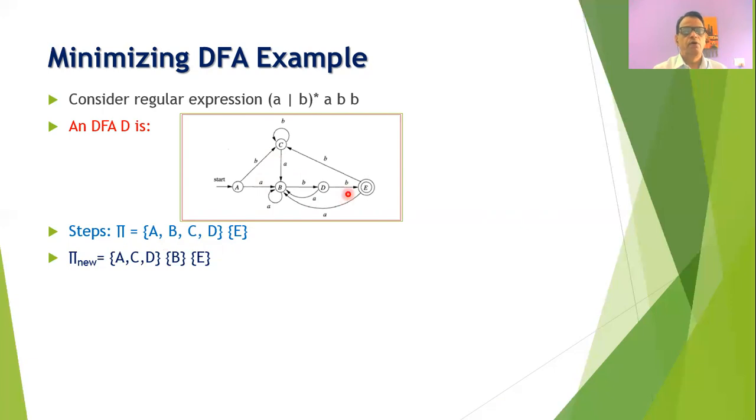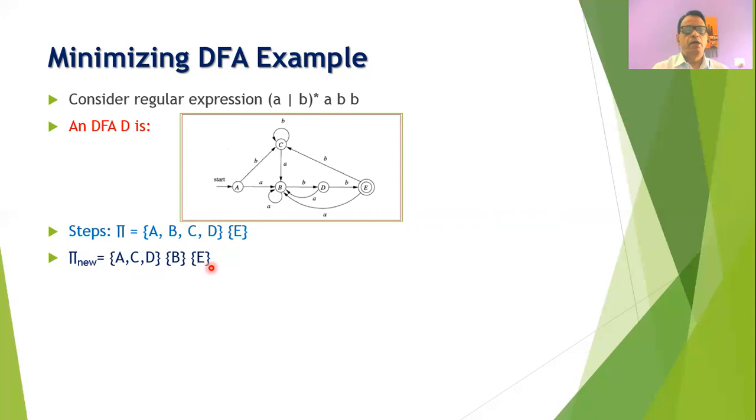And therefore, what we can do is separate out the state D, and separate out the states A, B, and C. And therefore, we will have a new partition, where pi new will consist of the first group with the states A, B, C, then the state D, and then the state E.